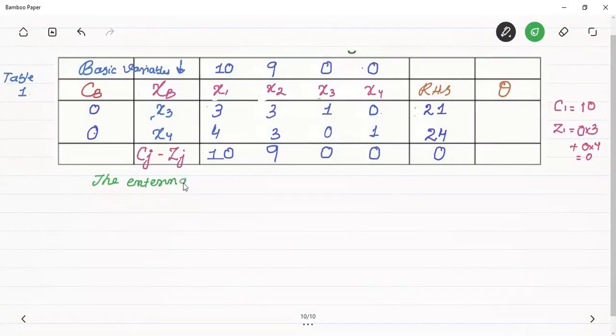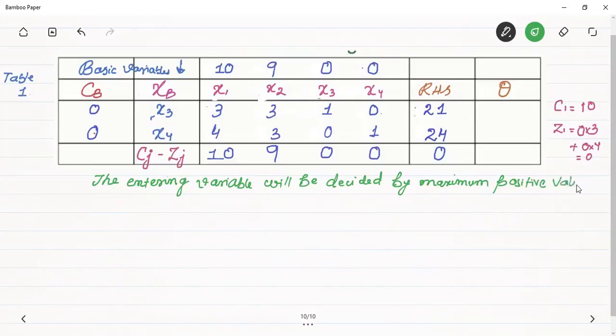The entering variable will be decided by the maximum positive value of Cj minus Zj.